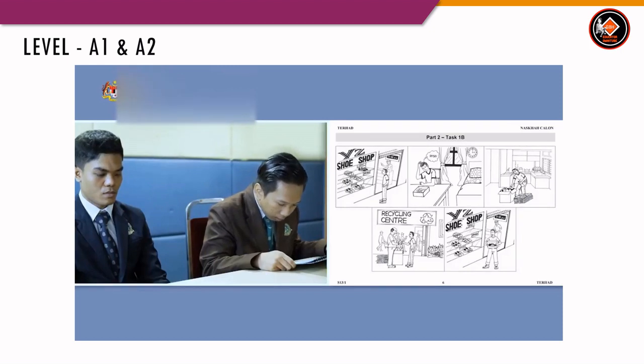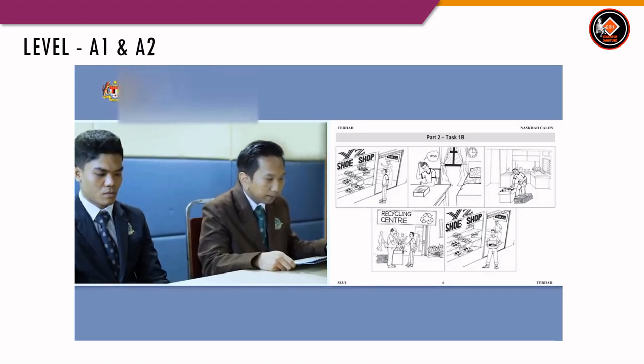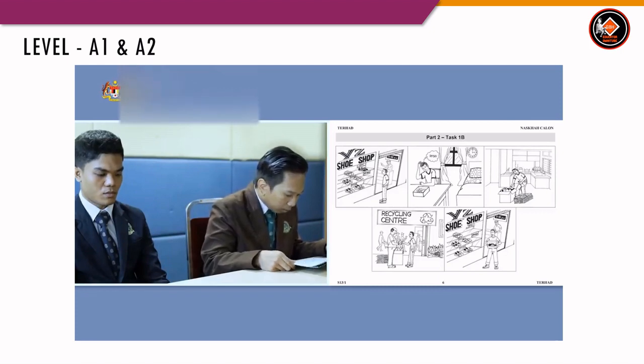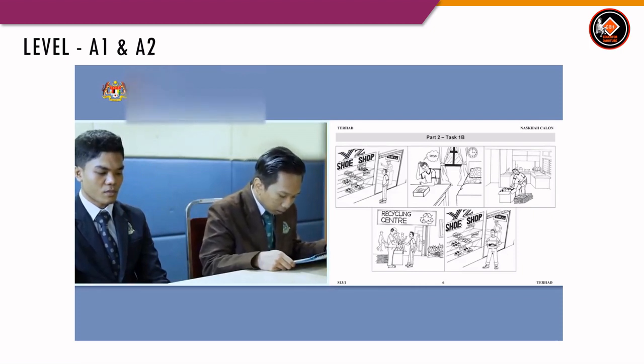He collecting newspaper. He bring newspaper to recycling center. He pay and got the shoe.